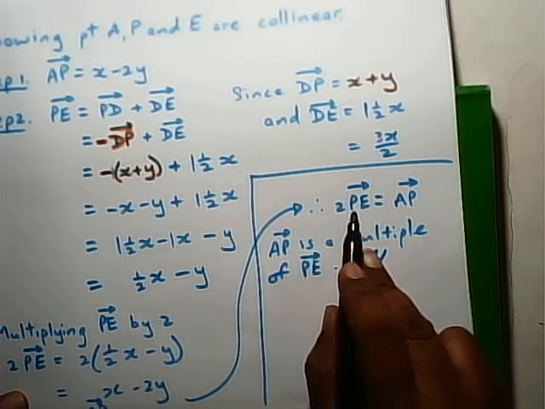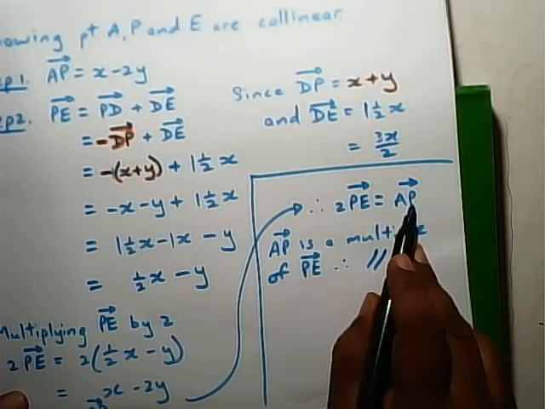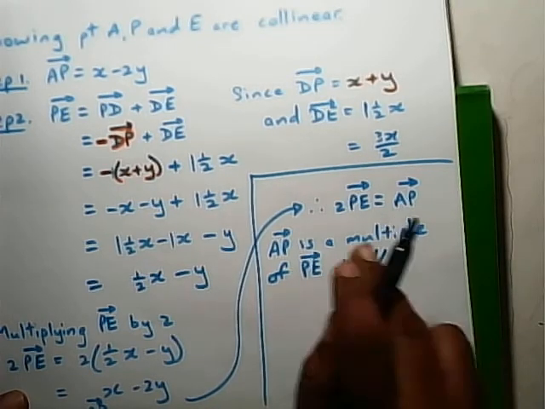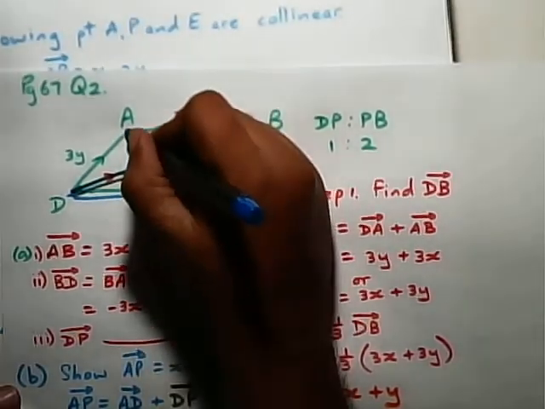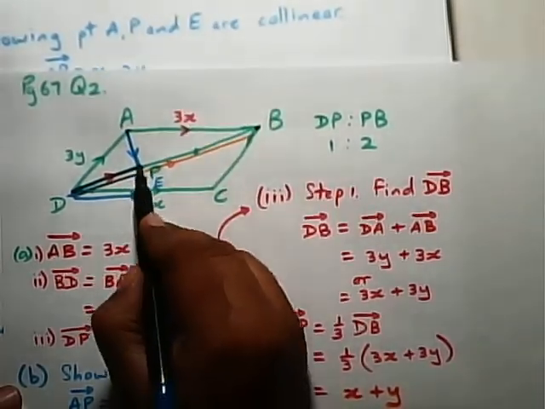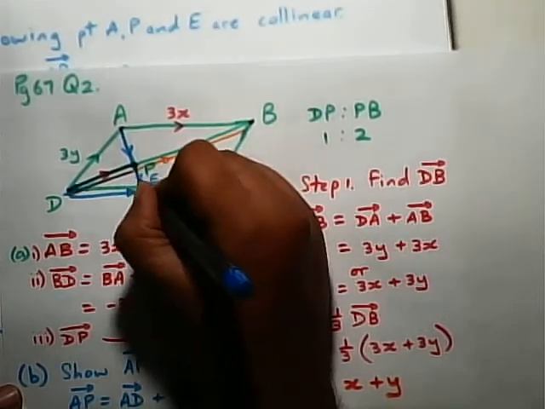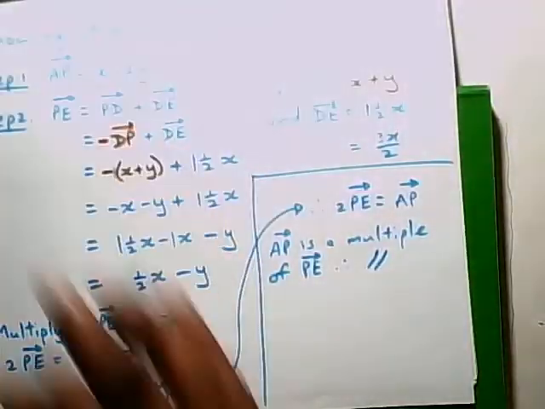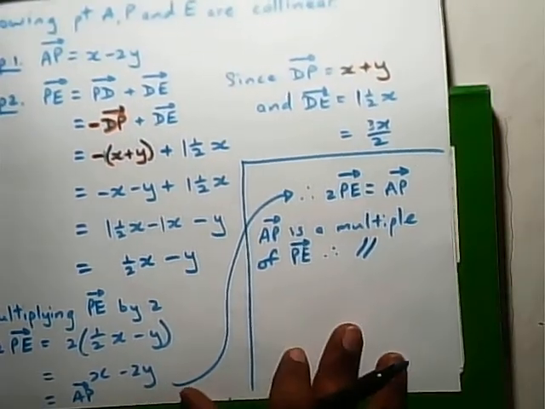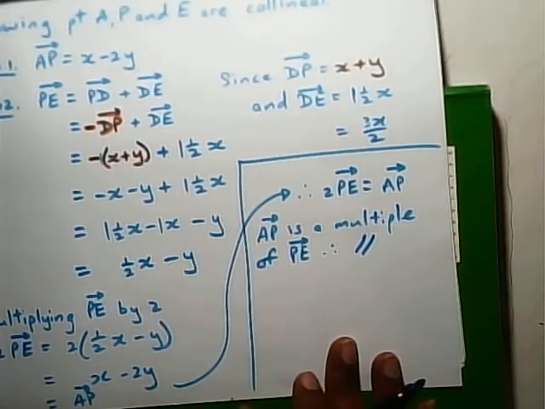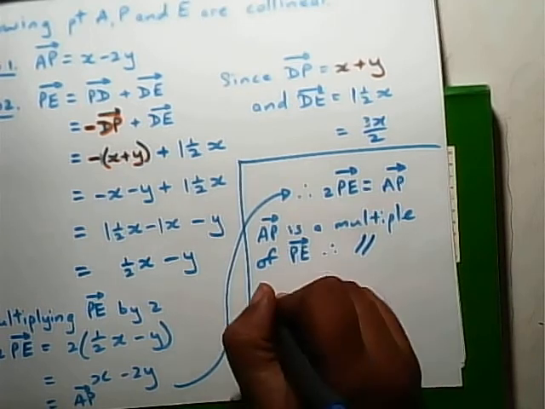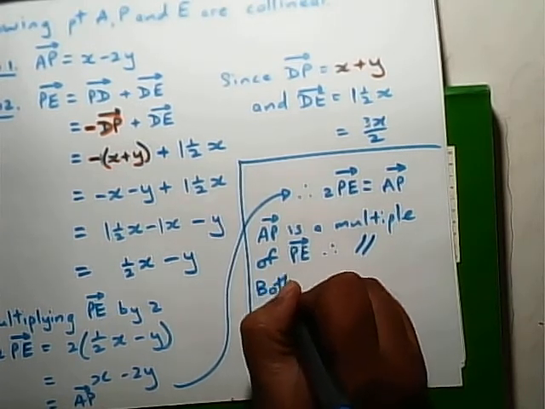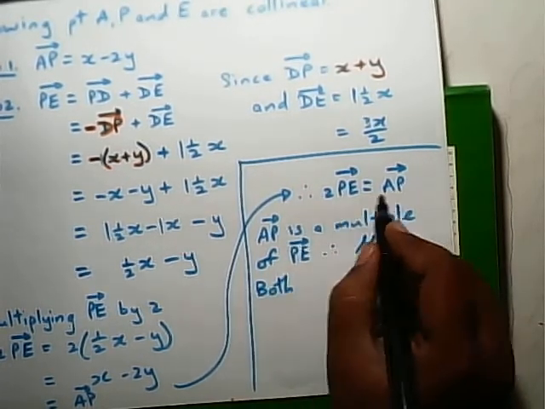And both vectors have the same point P. This vector PE has the point P on it. This vector AP has the point P on it. If you can't see it, look at it here. So they have a point that is on both vectors.